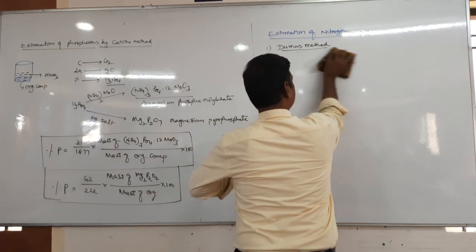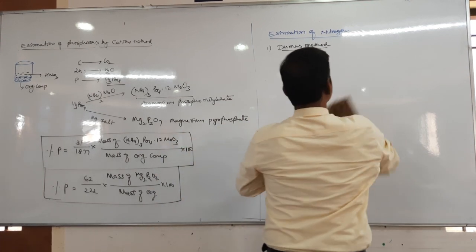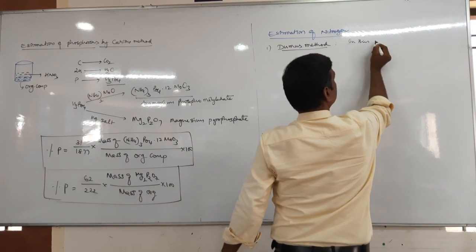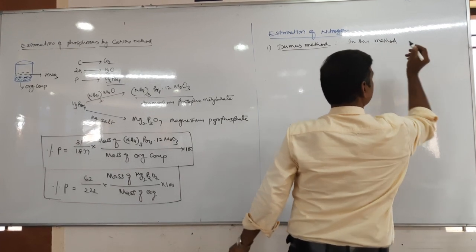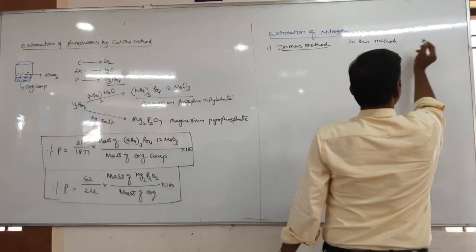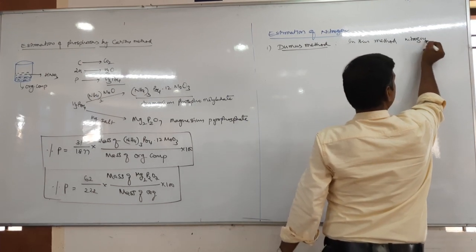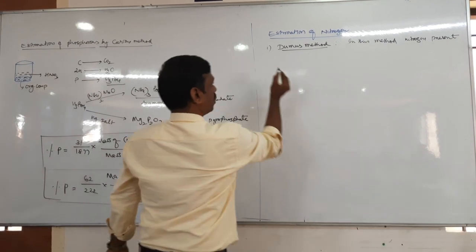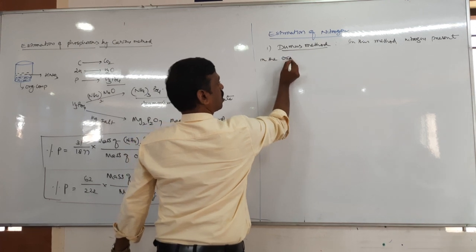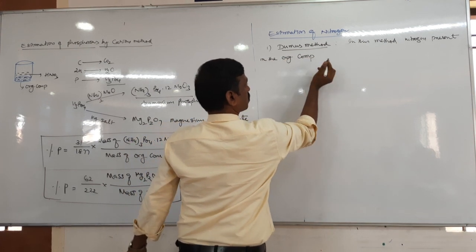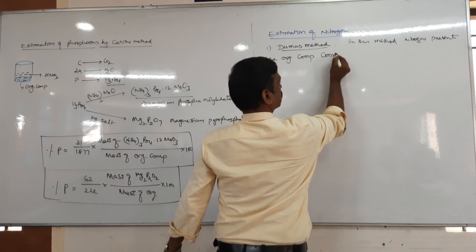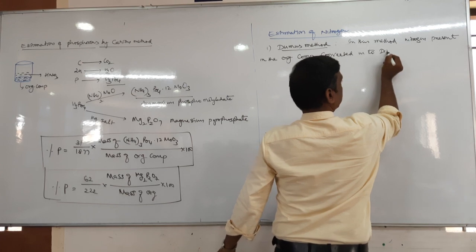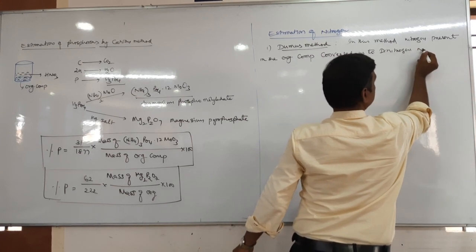Okay, so first point is, in this method, this is the first important question: in this method, the nitrogen present in the organic compound is converted into dinitrogen, that is N2.